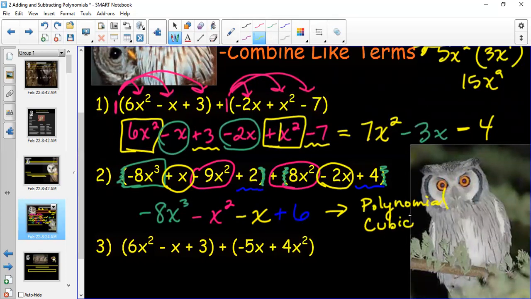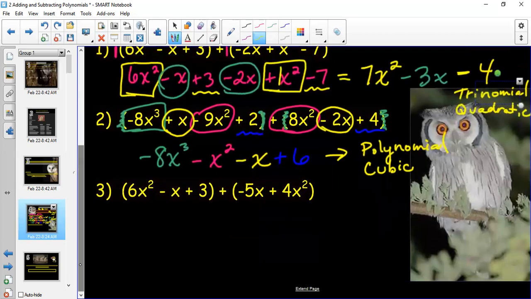Again, you don't have to actually do this in your homework. I am just trying to remind you of what we did yesterday. If I went up to the first example, that one had 3 terms, so that was a trinomial. And if I named it based upon its degree, its highest degree was 2. That was a quadratic.